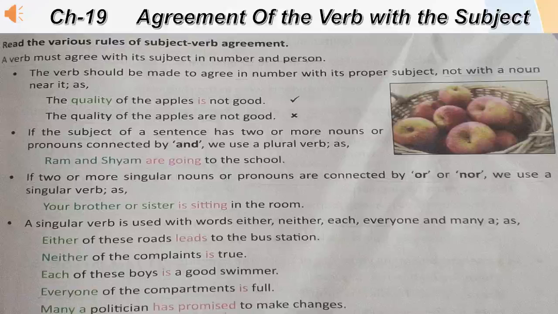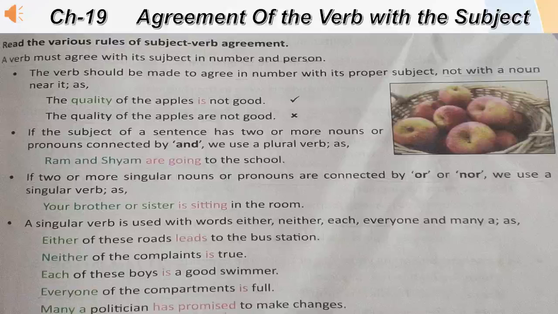Next rule is two or more singular nouns or pronouns joined by and require a plural verb. Means if the subject of a sentence has two or more nouns or pronouns and those are joined by and, then we will use a plural verb. For example, Ram and Shyam are going to school.